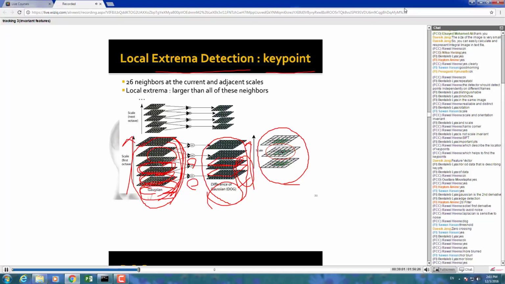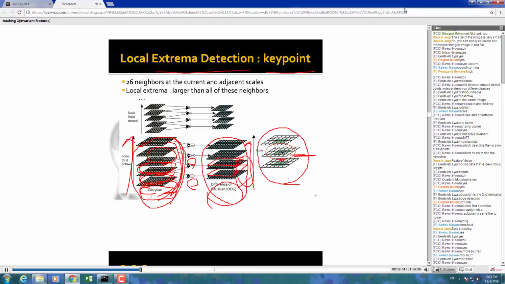For every point in the DOG image, when we have this center point, we look at the neighboring pixels around it. In the same DOG image, for one point, we have 8 neighboring pixels.